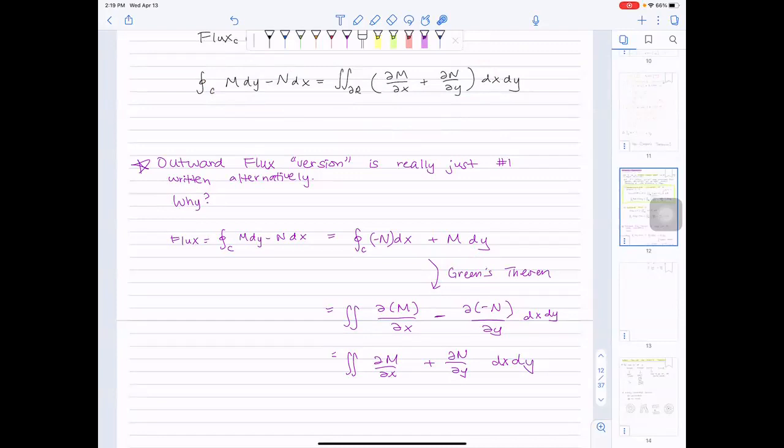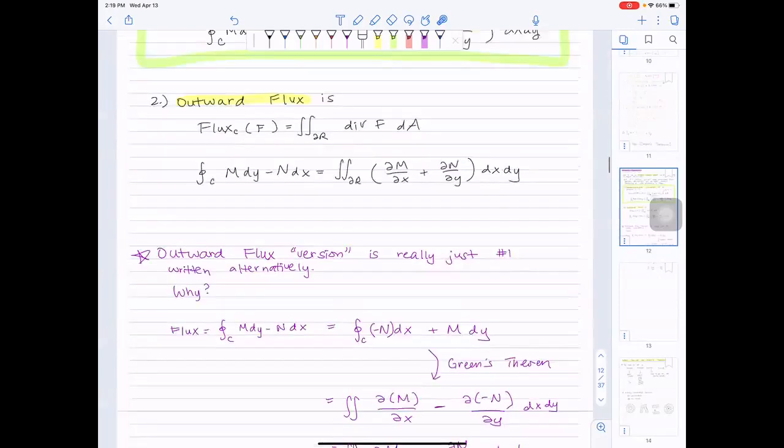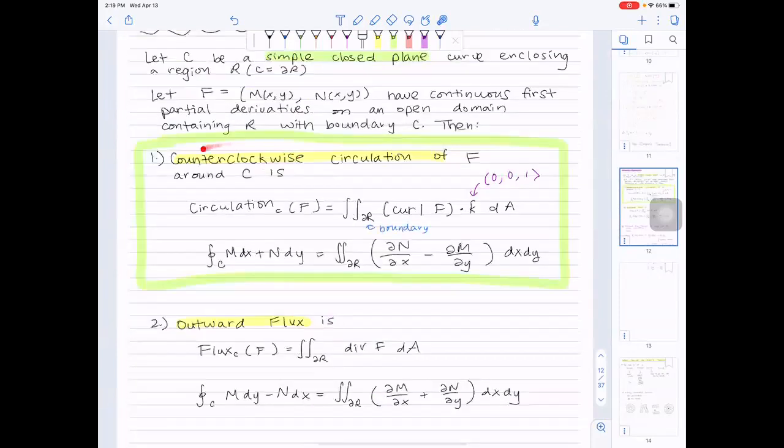So it says counterclockwise circulation, on the formula up there. I noticed that basically when it tells you that it's counterclockwise, you do it that way, and if it's clockwise, you put a negative in front. Yep.